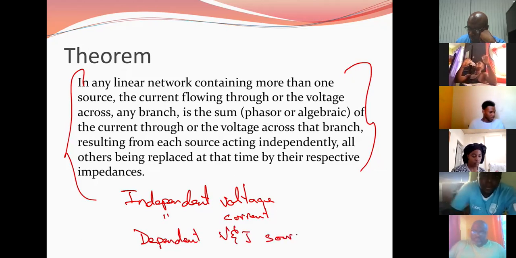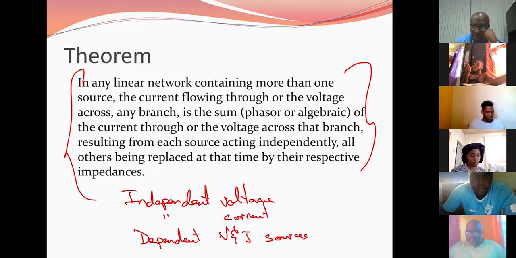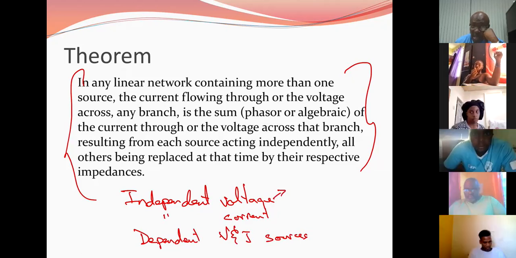Good? So you had those definitions. For your voltage source, it tells you that it's a source that maintains a voltage across it, regardless of the current flowing through it. That's the definition you had for your independent voltage source. And for your current source, it tells you that it maintains the current regardless of the voltage across it.